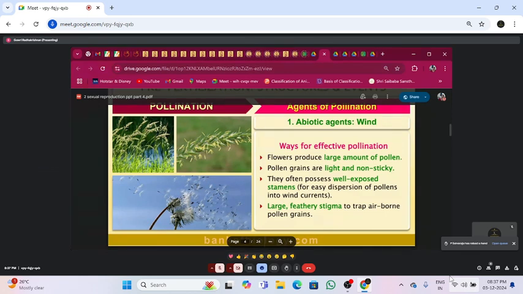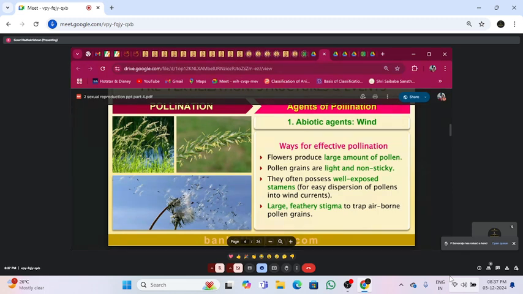For effective pollination, the flowers produce a large amount of pollen, because many may be wasted. The pollen grains are light and non-sticky, so when the wind blows they can be carried away very easily.